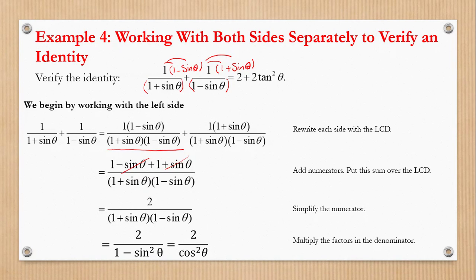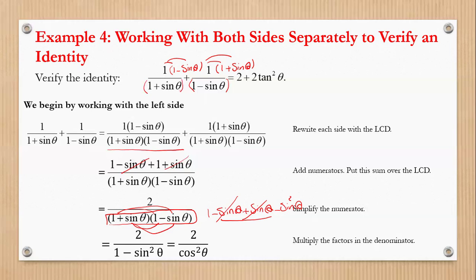If we multiply 1 plus sine with 1 minus sine, we get 1 minus sine square, because 1 times 1 is 1, 1 times negative sine is negative sine, positive sine times 1 is positive sine, and positive sine times negative sine is negative sine squared theta. And positive sine and negative sine cancel each other, and we only have 1 minus sine square for the denominator.